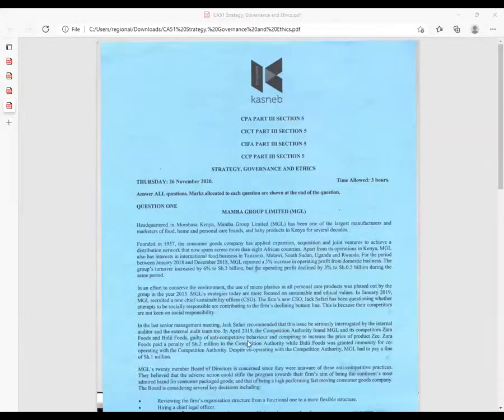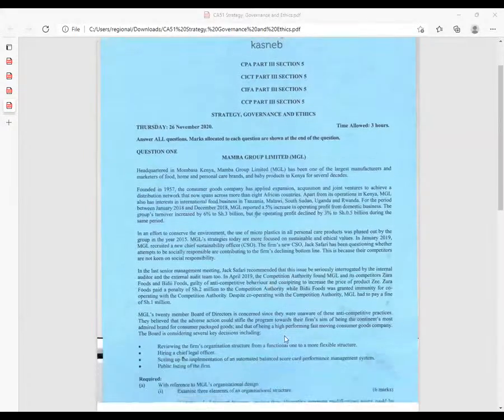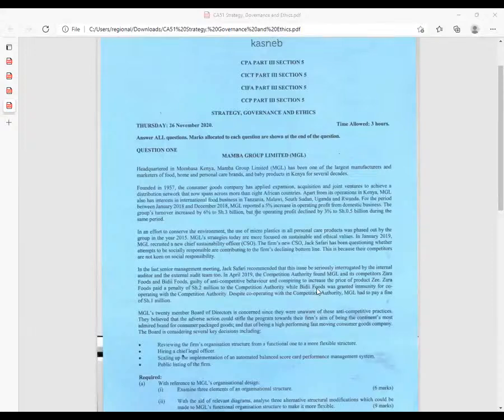In April 2019, the Competition Authority found Mamba and its competitors Zura Foods and BD Foods guilty of anti-competitive behavior and conspiring to increase the price of product Z. Zura Foods paid a penalty of $2 million to the Competition Authority, while BD Foods was granted immunity for cooperating with the competition authority.